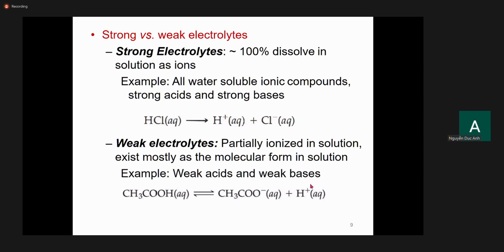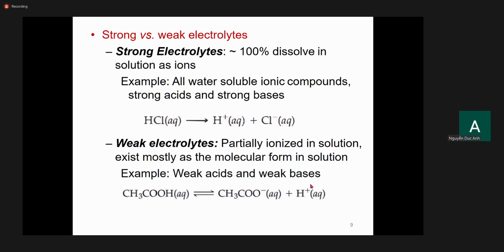A weak electrolyte is only partially ionized in solution. It means that only a part of the substance will be ionized in the solution.